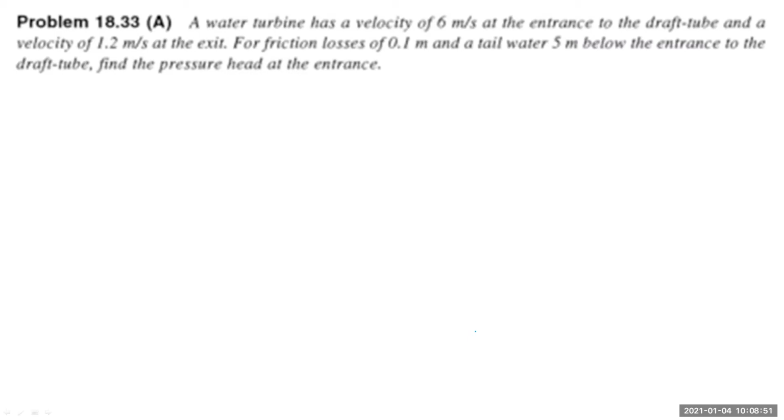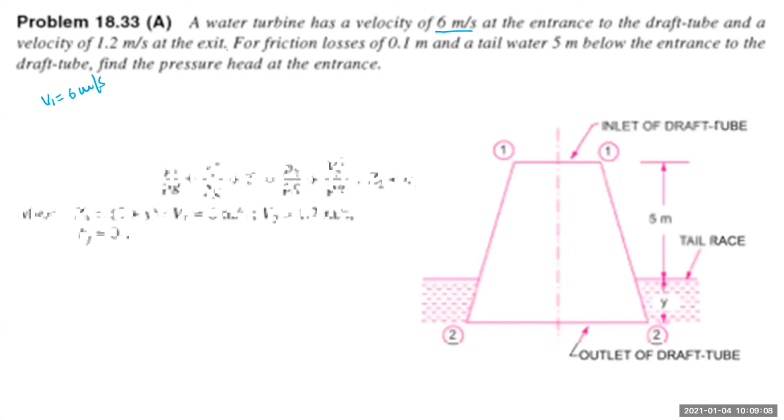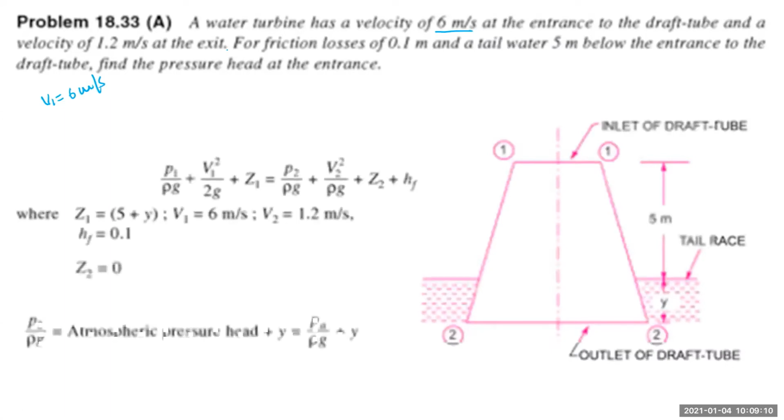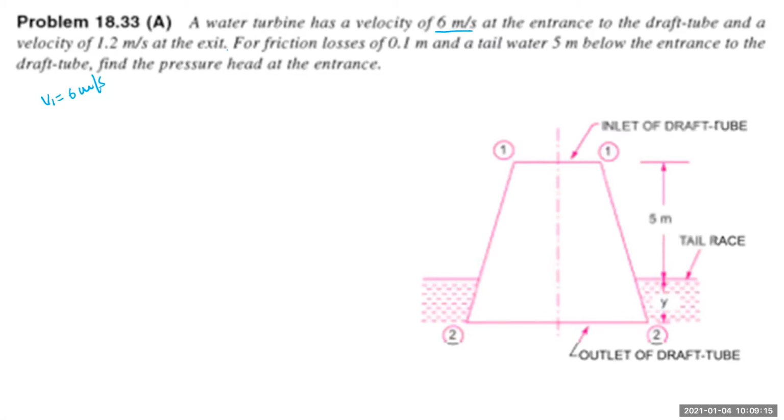Here you can see, a water turbine has a velocity of 6 meter per second, meaning V1 is given. Turbine velocity is 6 meter per second. I will write the given parameters here, don't worry.